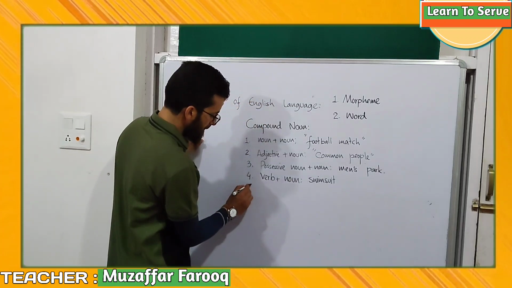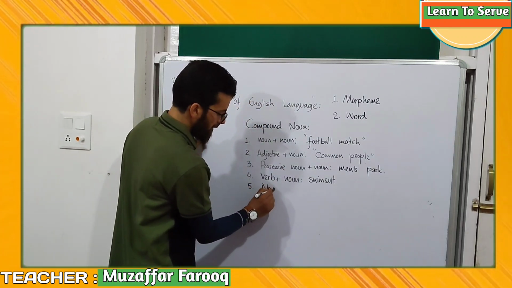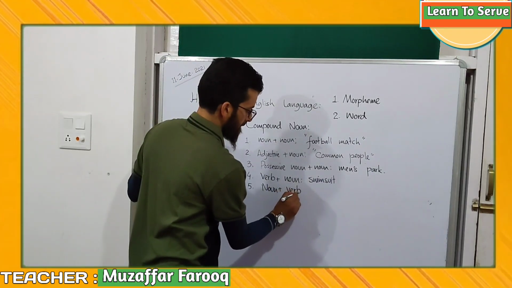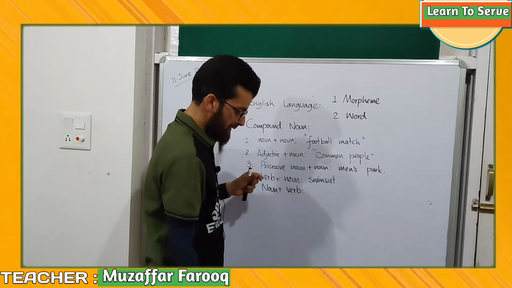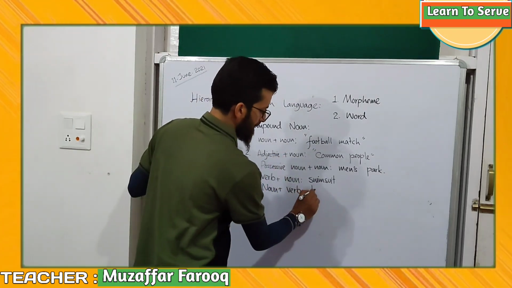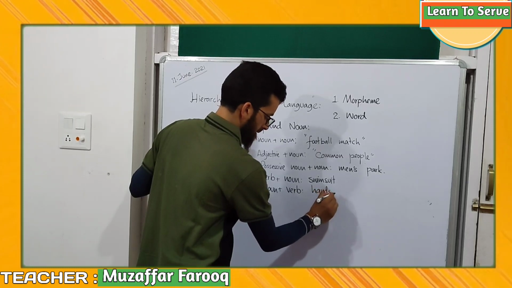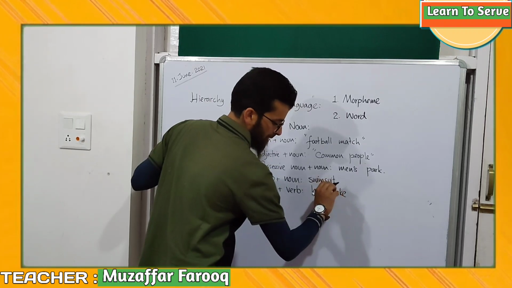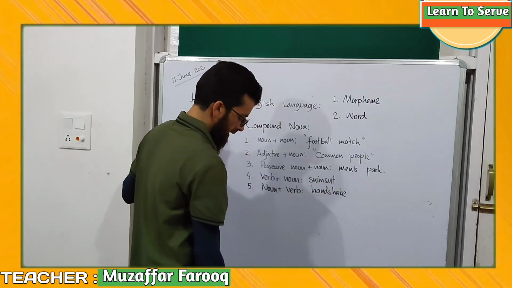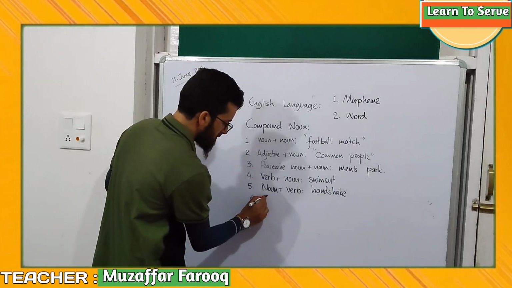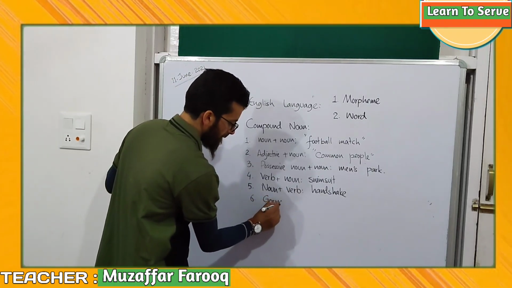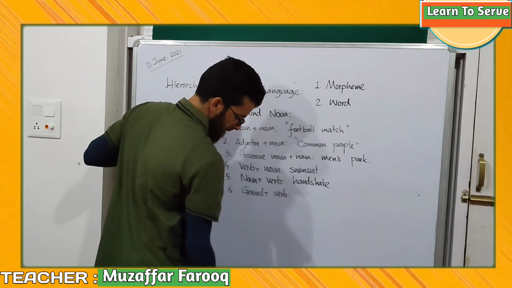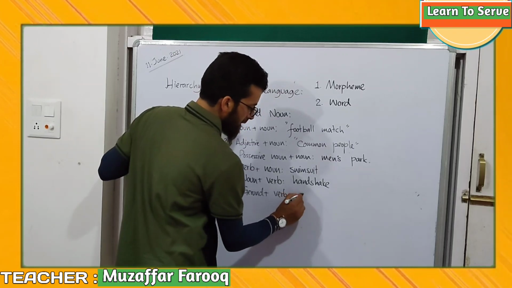Another, fifth, noun plus verb, for example, handshake. Then we have another part, gerund plus noun, for example, dining room.